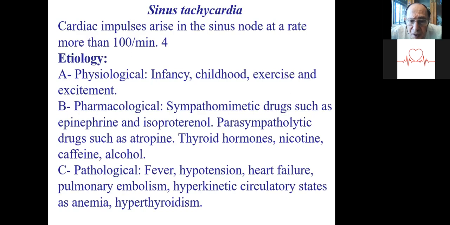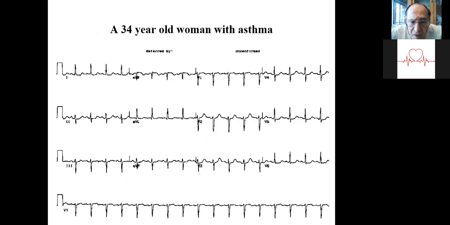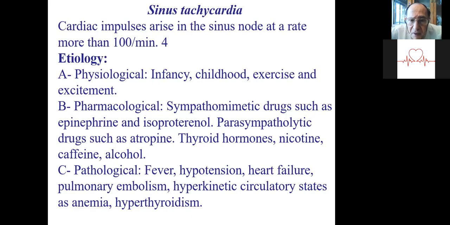If you give a parasympatholytic, it blocks the vagal tone, so the sympathetic tone takes the upper hand and causes tachycardia. Also thyroid hormone, nicotine, caffeine, and alcohol cause pharmacologic tachycardia.